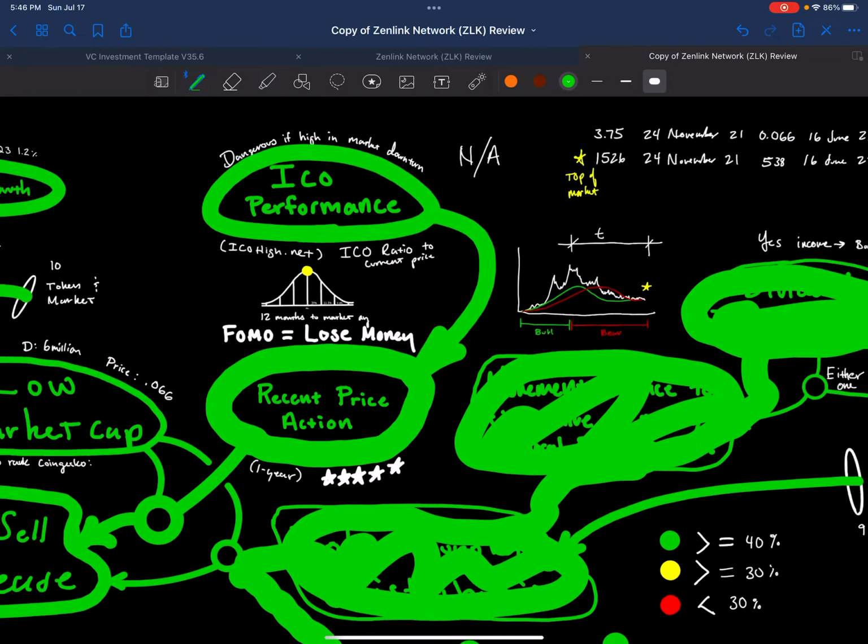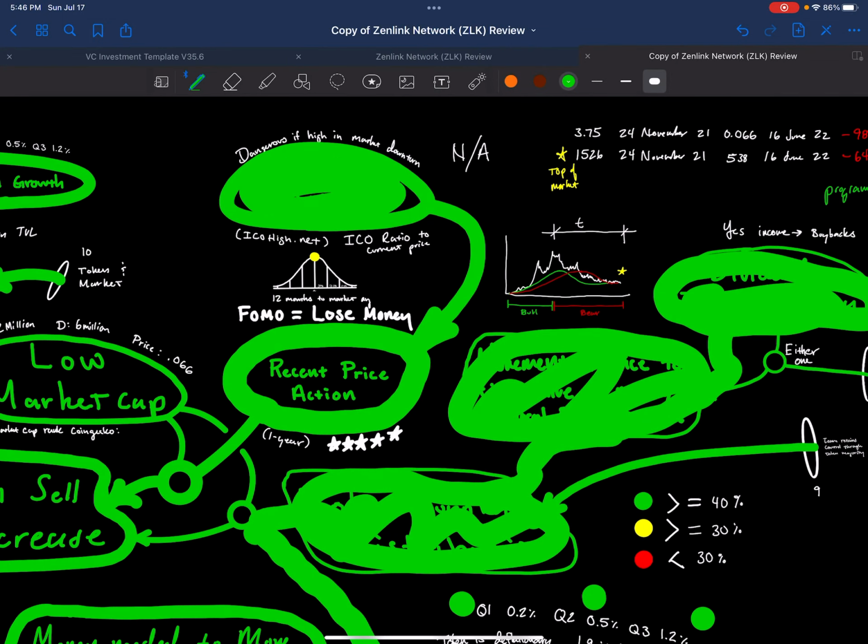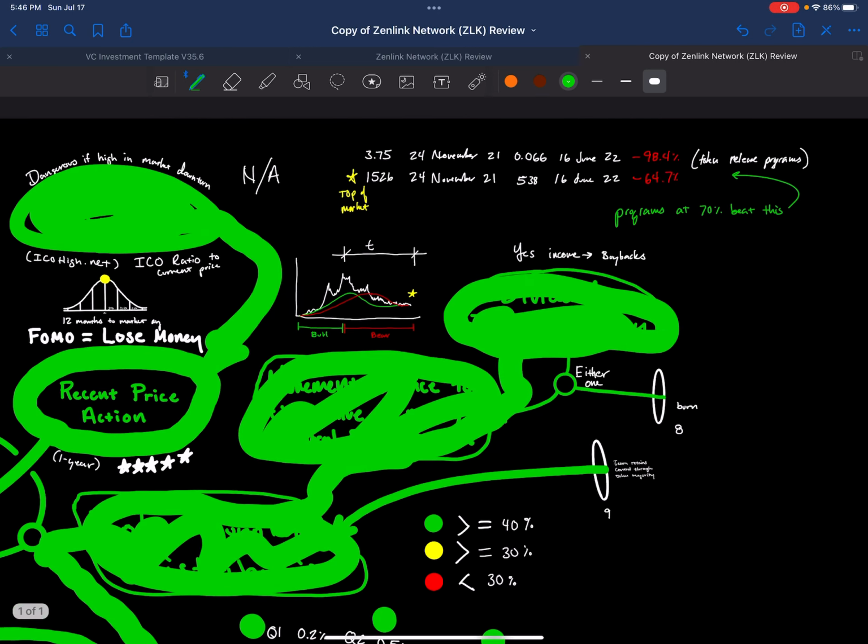All right. As far as price performance, there are no major ICOs. Most of the tokens are issued in a release type fashion. They do have some funders, but it's not one of the heaviest components.